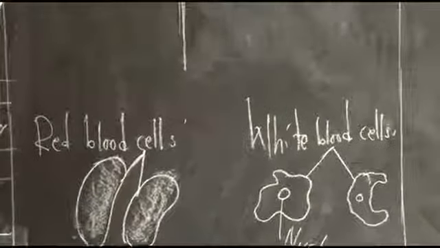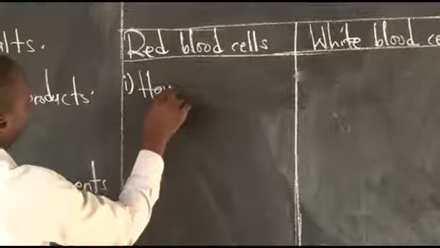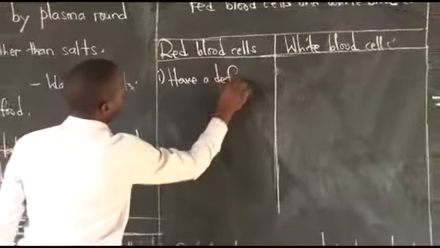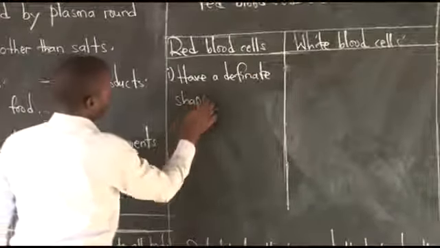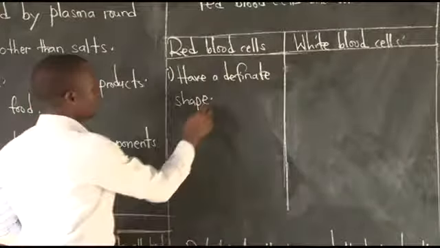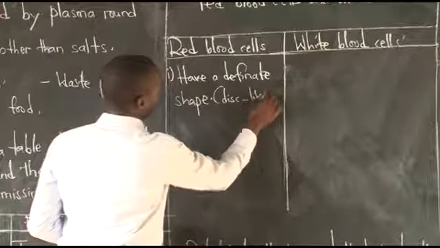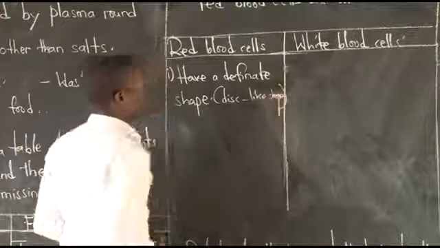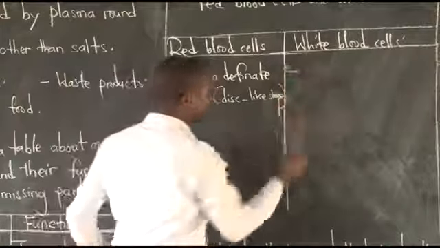So part 1, we can say red blood cells have a definite shape, which somebody can refer to as disc-like shape. Then on the other side, we can say white blood cells have no definite shape.